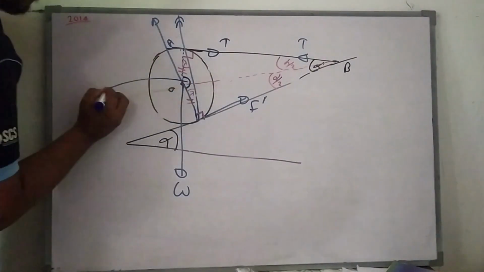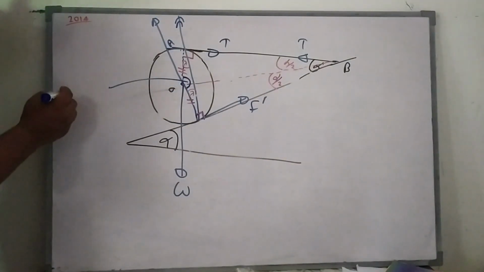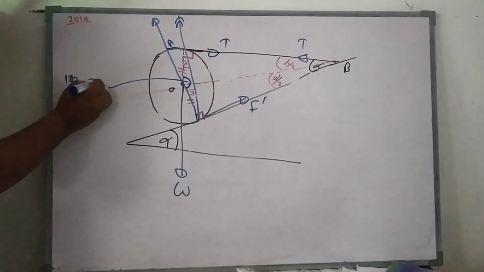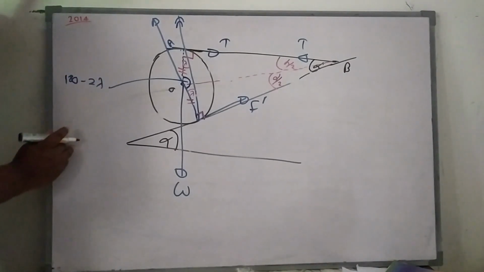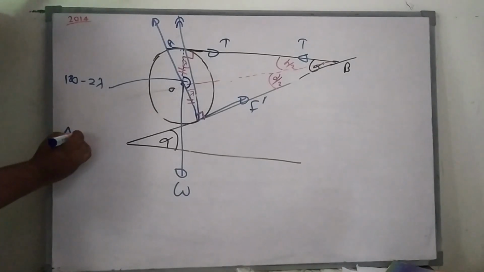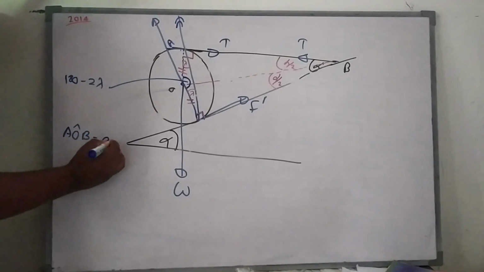Okay, so the small angle is 90 minus alpha now. The whole one is 180 minus 2 alpha. And according to those small triangles, it's equal to 180 minus 2 lambda.